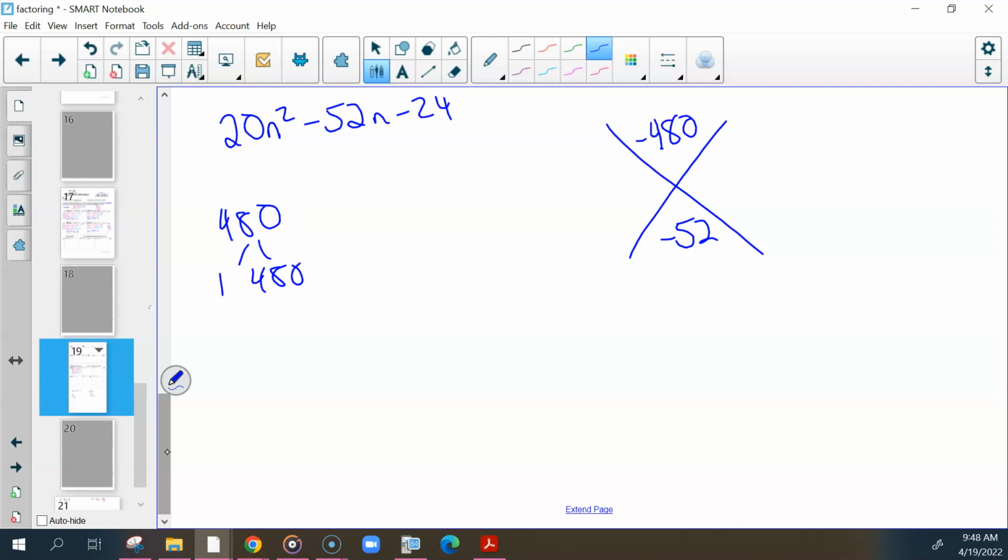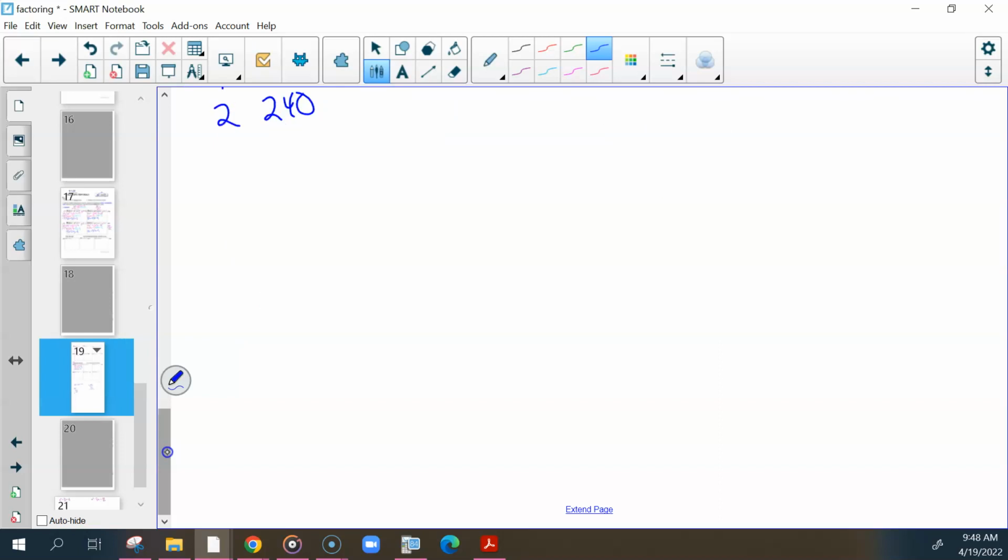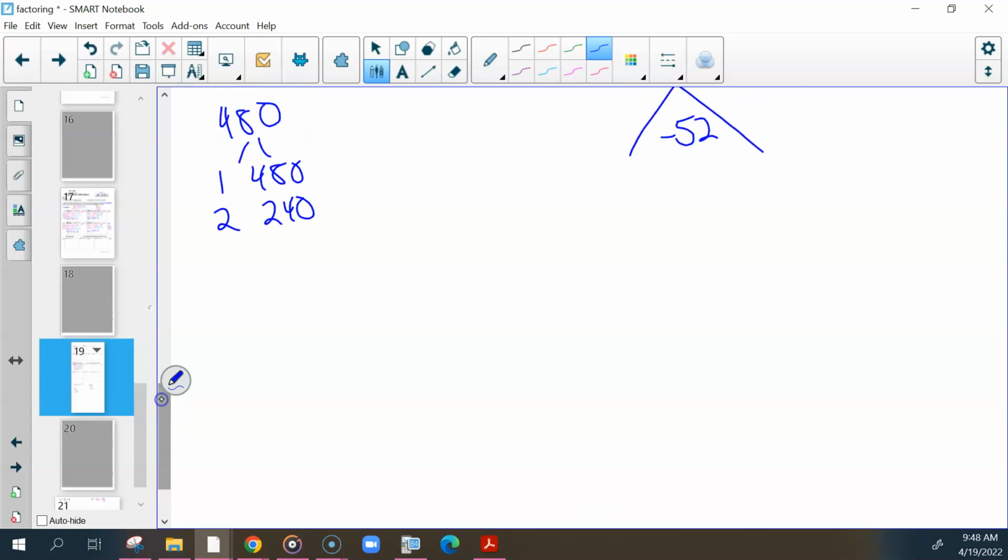So it's even, so it has to be divided by 2. Can it be divided by 3? By 4? By 5? 96.